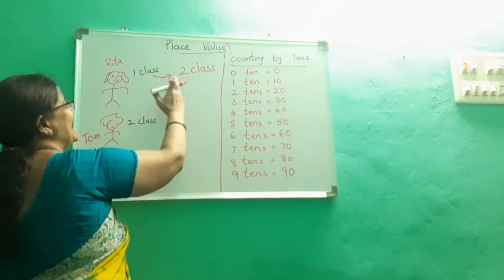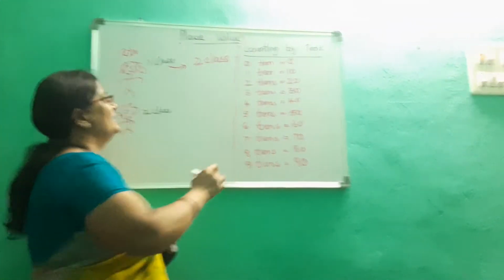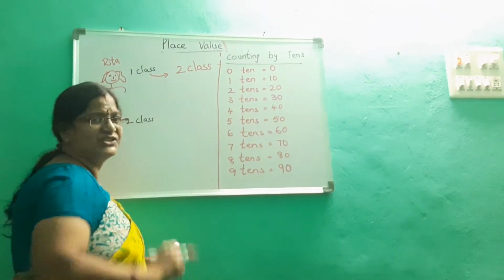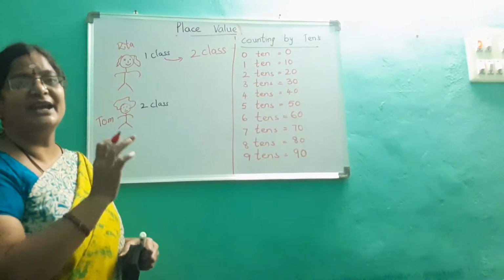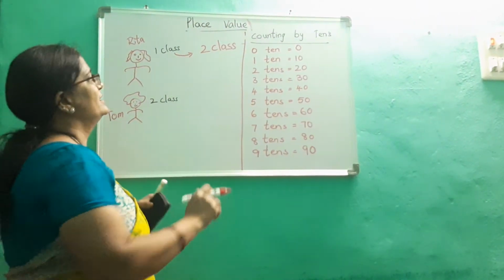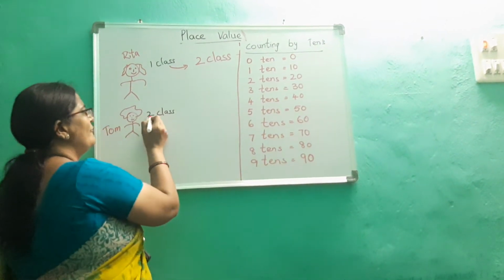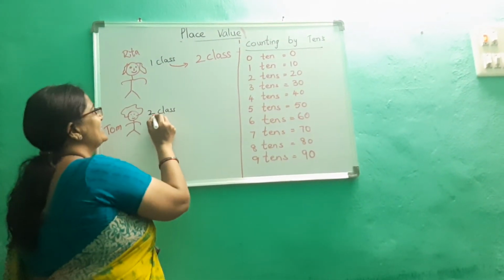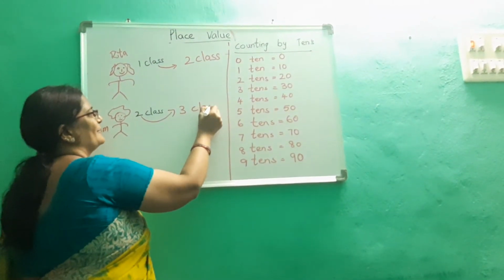Means place has changed from first class to second class. The place is changed, but the name is same. So only place is changed. Now Tom, after finishing second class, he will go to third class.